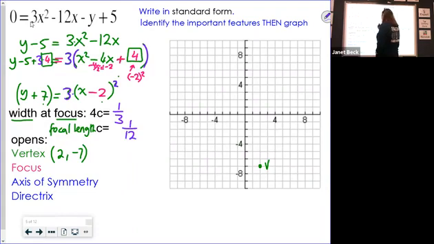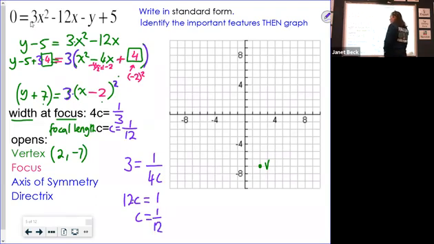My focal length is 1 over 12. Another way to do this, we knew that 3 equals 1 over 4c. Cross multiply and divide. That would be 12c equals 1, so c equals 1 over 12. Don't just guess, do the math.